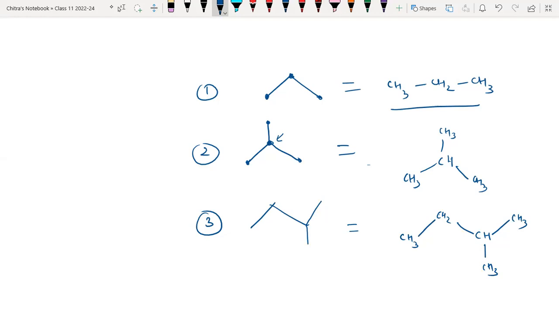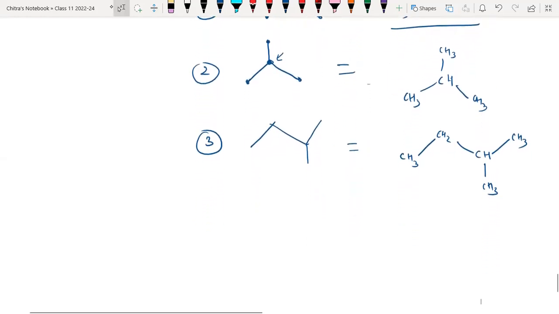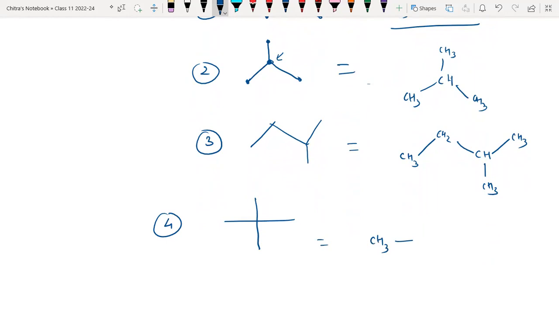Now, the fourth one is for Aditi. For this, CH3, CH3, CH. See, carbon has only valency 4.